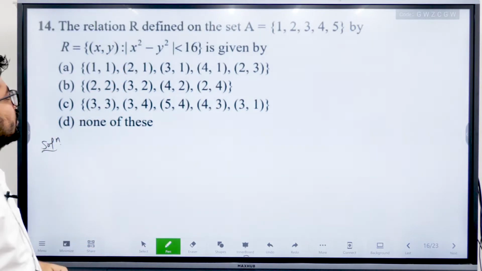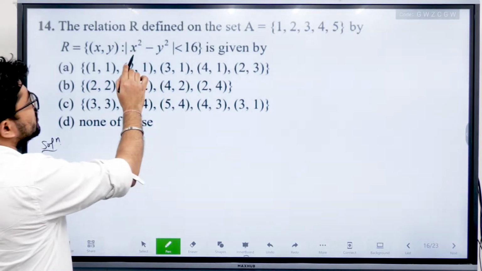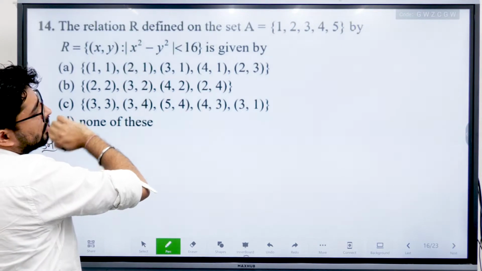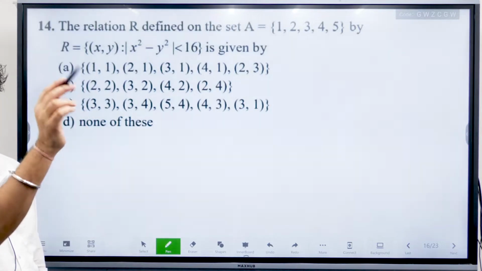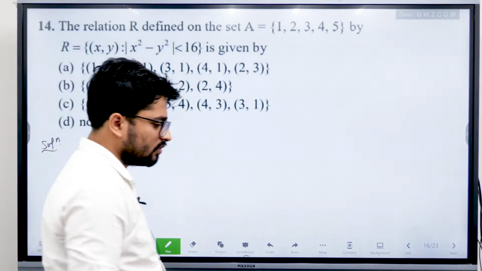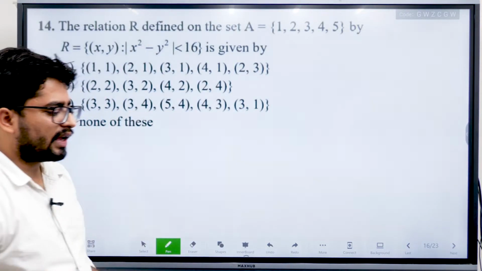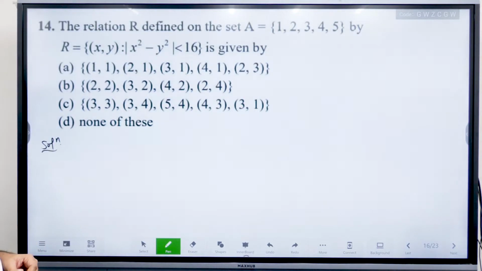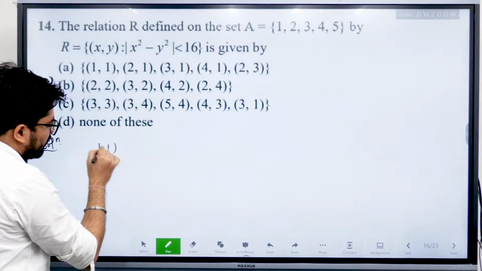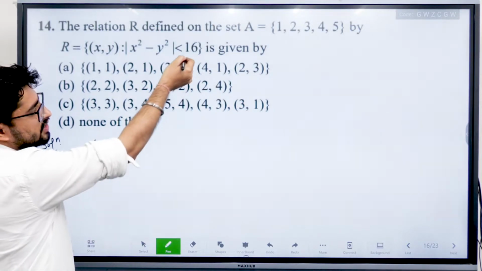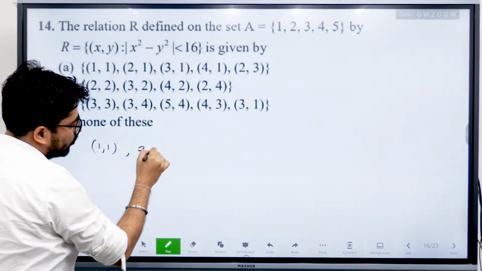If you observe this relation, you can take (1,1), (2,2), (3,3), (4,4), (5,5). Why? Because if you take (1,1), then 1² − 1² is 0, and 0 is less than 16.